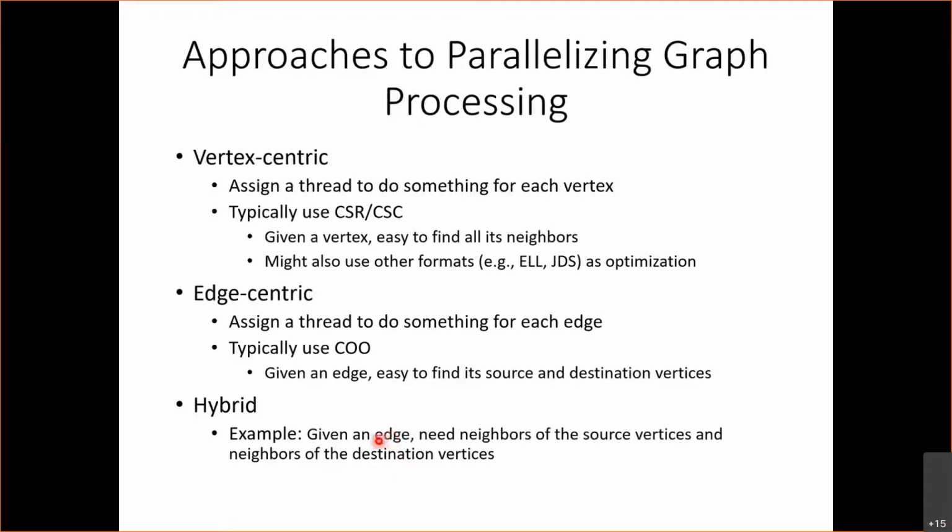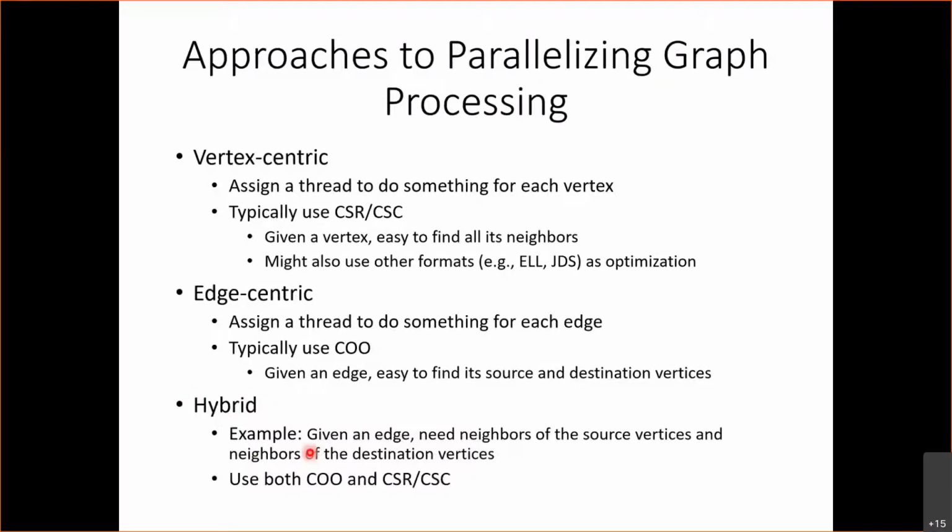So if I'm doing a computation that requires something like this, then I would need to use both a COO and a CSR/CSC representation. Now, breadth first search, which we're going to look at today, does not require this. So we're not going to look at this hybrid representation today.